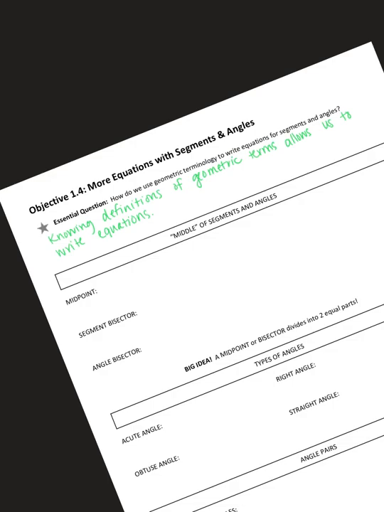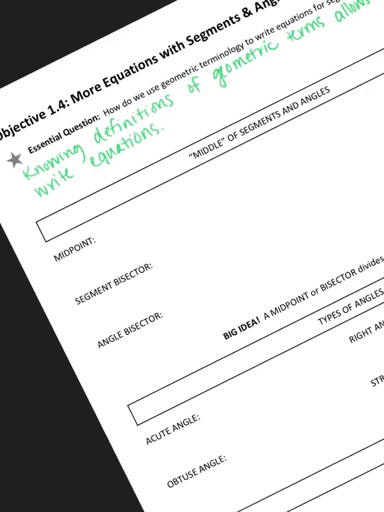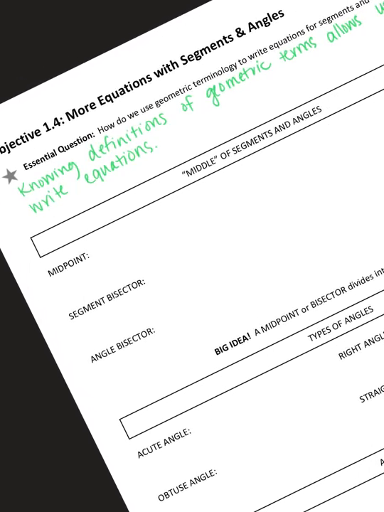So let's jump into it. Nothing more exciting than learning definitions. The first definition we're going to talk about is a midpoint. Just like it sounds, mid meaning middle and point meaning point, a midpoint is the point in the middle of a line segment.